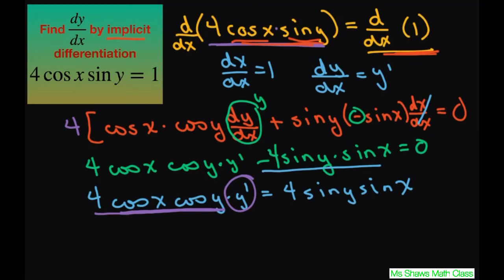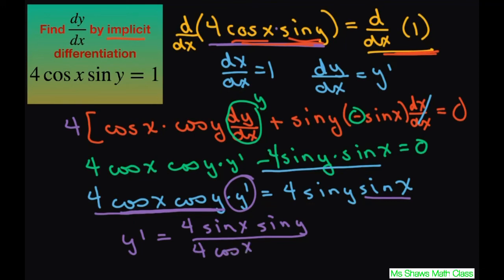So you get y prime equals 4 sine of x sine of y divided by 4 cosine of x cosine of y.